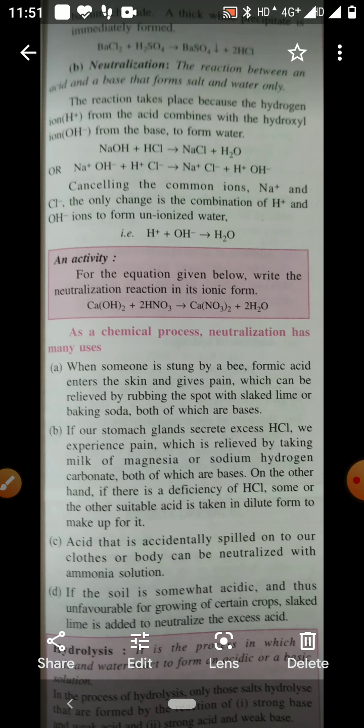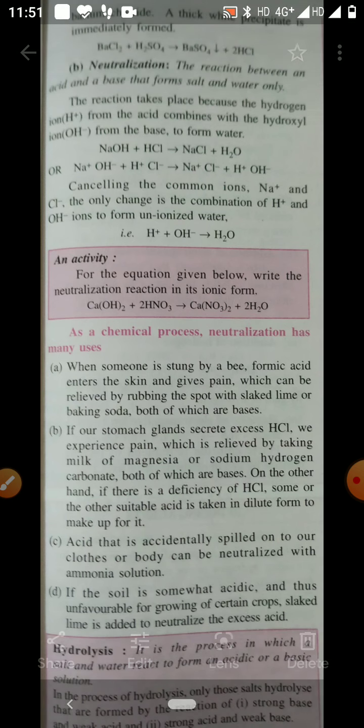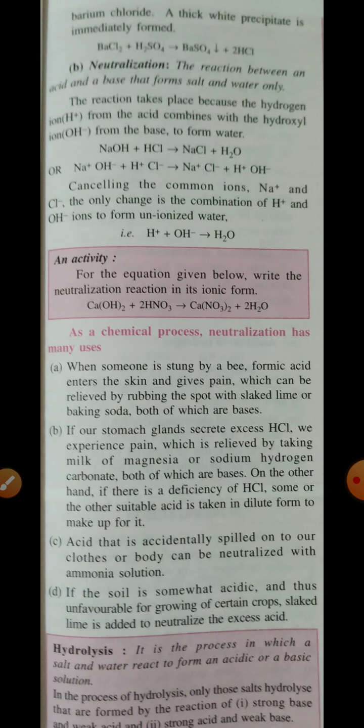Another is when, in our stomach, there is more secretion of hydrochloric acid by the gastric gland, we experience pain due to the formation of more acid. Then we take some antacid. So what is the antacid?